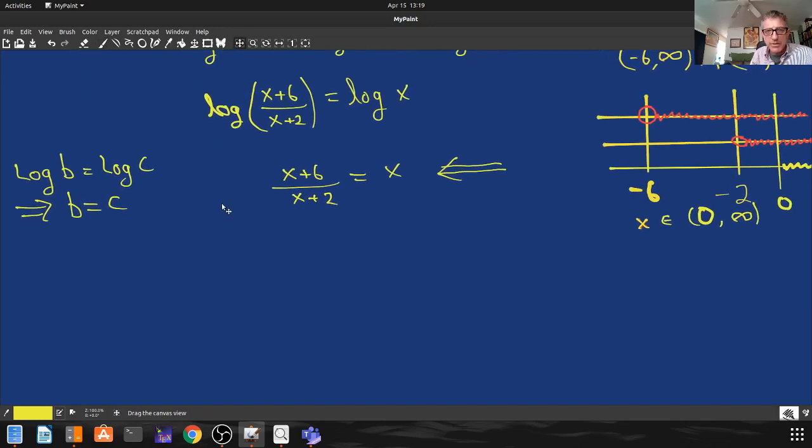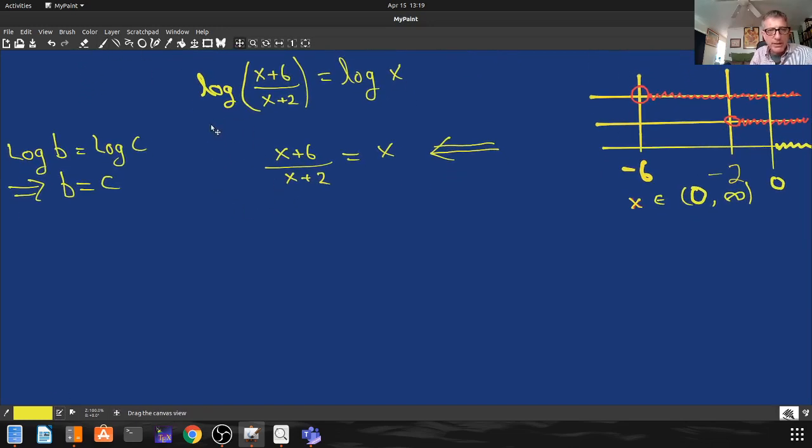And we're going to solve it by clearing the denominators, multiplying both sides by x plus 2. When I multiply this side by x plus 2, I am left with x plus 6. When I multiply the other side by x plus 2, I have x times x plus 2.